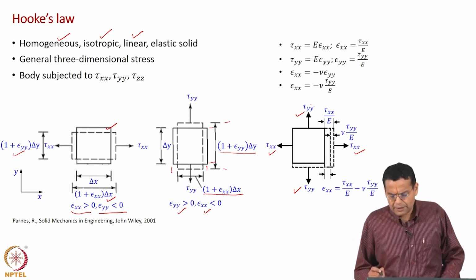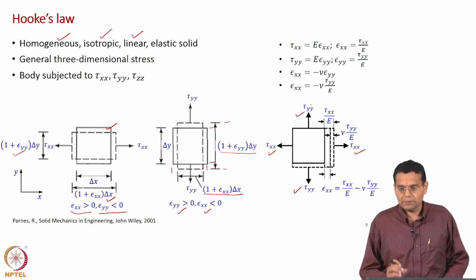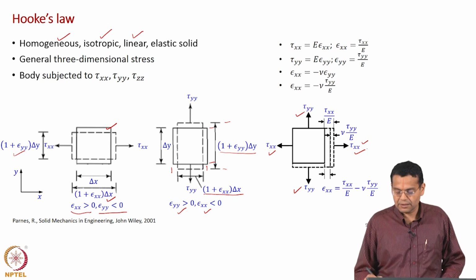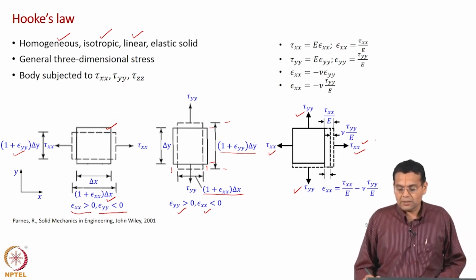Now, let us say there is no normal stress along y direction momentarily. Then because of normal stress along x direction, what would be the normal strain along x direction?